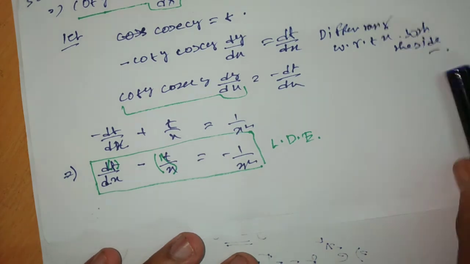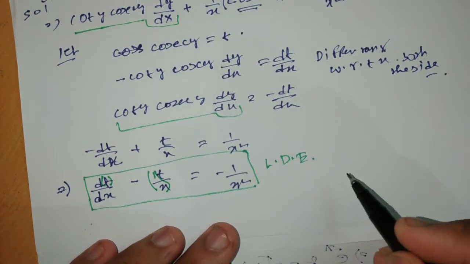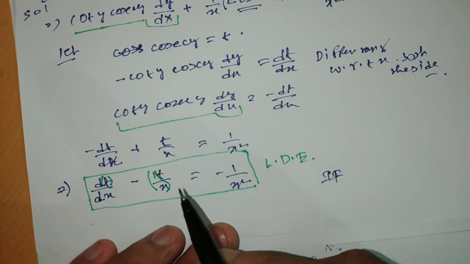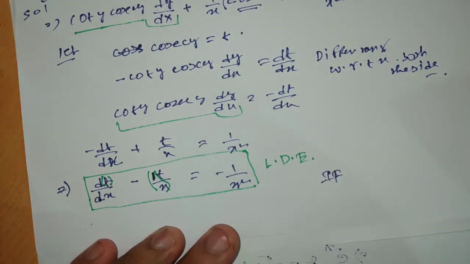We need to first find the integrating factor. The coefficient is 1 upon x, with a minus sign.